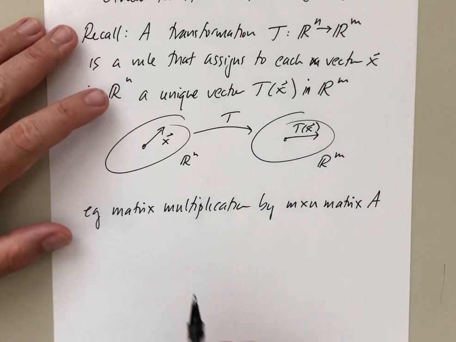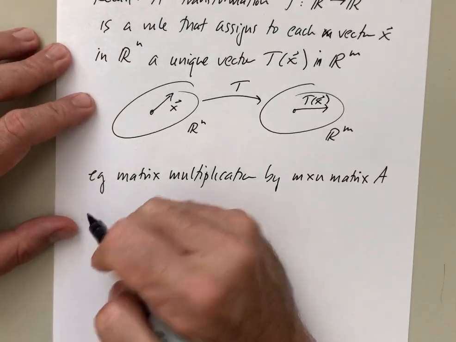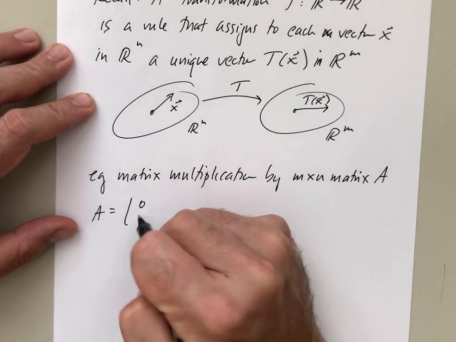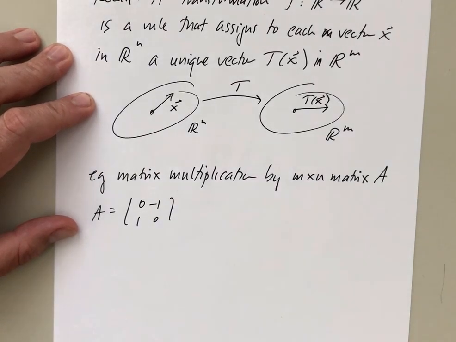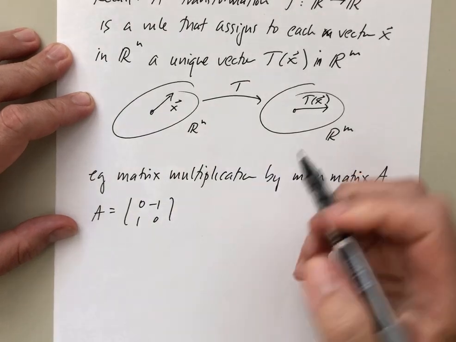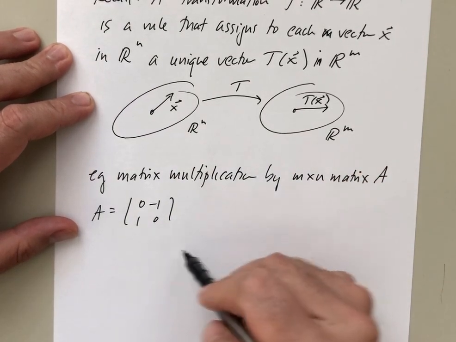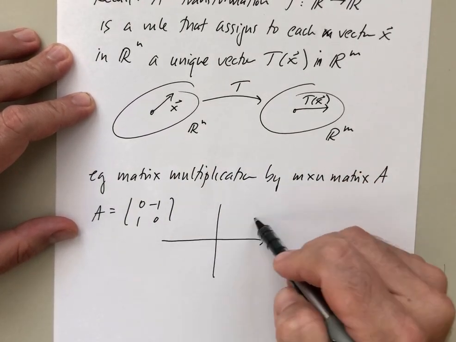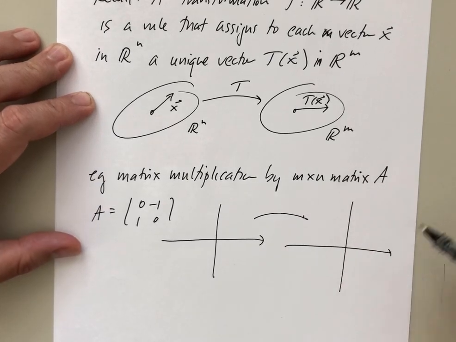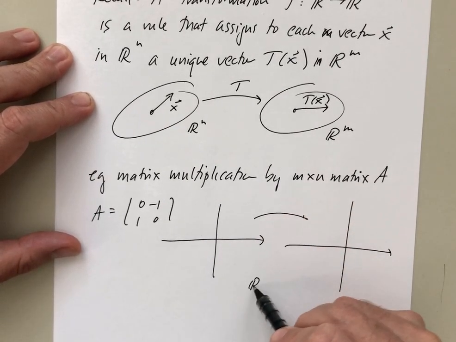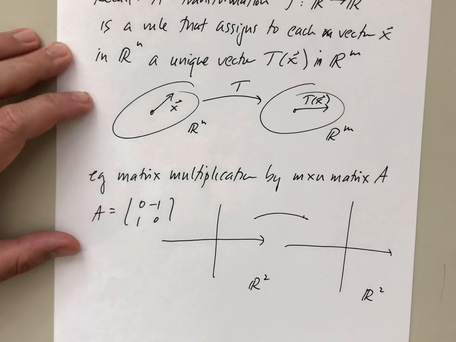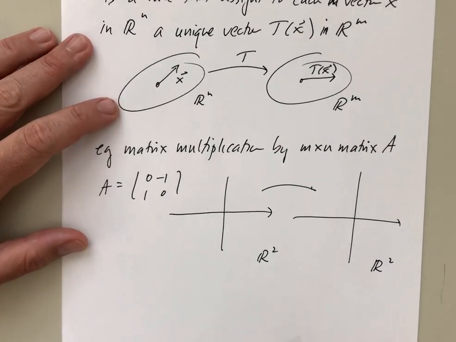And let's just do an example. Let me take A to be 0, 1, minus 1, 0. So what does this define? This is a 2 by 2 matrix, so it's going to take vectors in R2 and move them over to also vectors in R2. So I've got a couple copies of R2 here, and let's just investigate what this does. So let's do some examples.